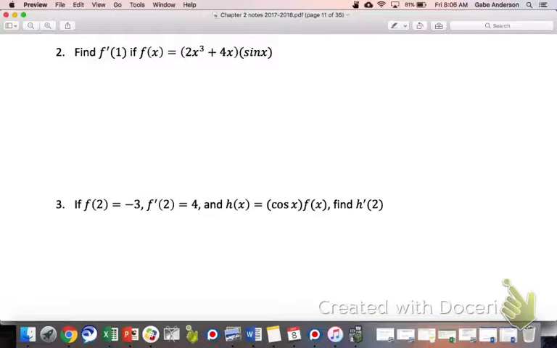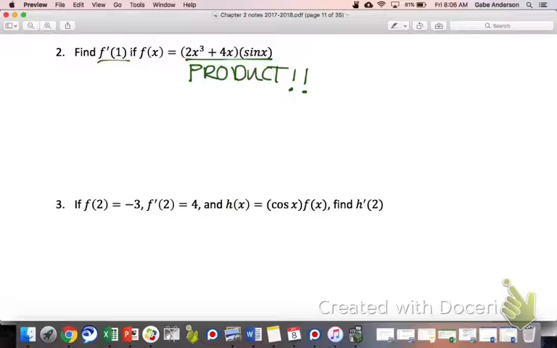I would strongly suggest you say this all in your head. You're like, okay, find f prime of 1, I've got to find a derivative, got it. I'm going to have to figure out what the derivative is, there's f of x. You look this over really carefully. If I were you, maybe you underline this, with exclamation points or something like that.